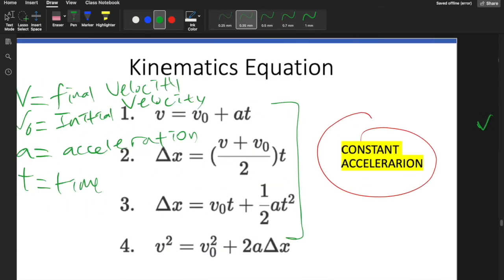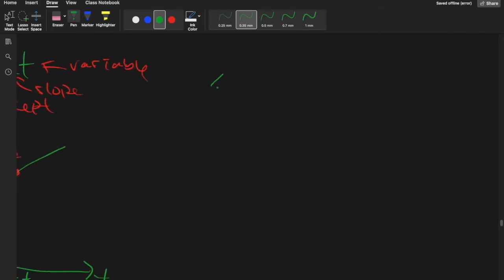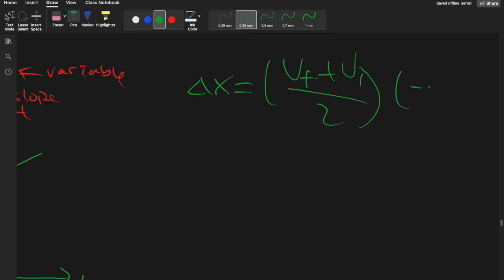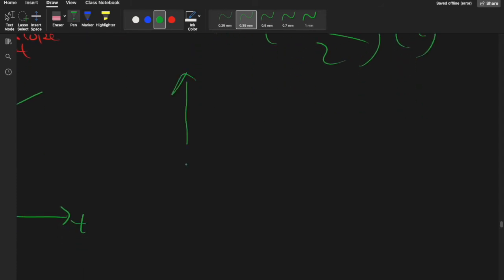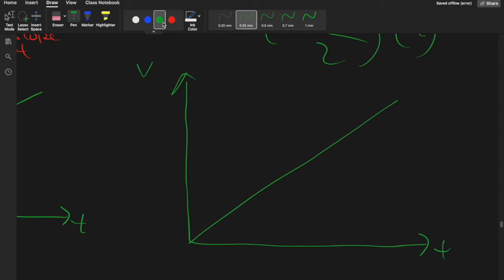So the second equation, displacement is equal to VF plus VI over 2 times t. The y-axis represents velocity, and the x-axis represents time.